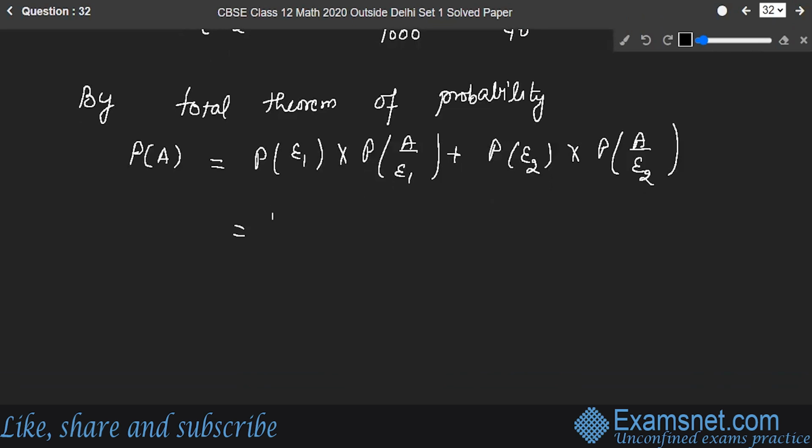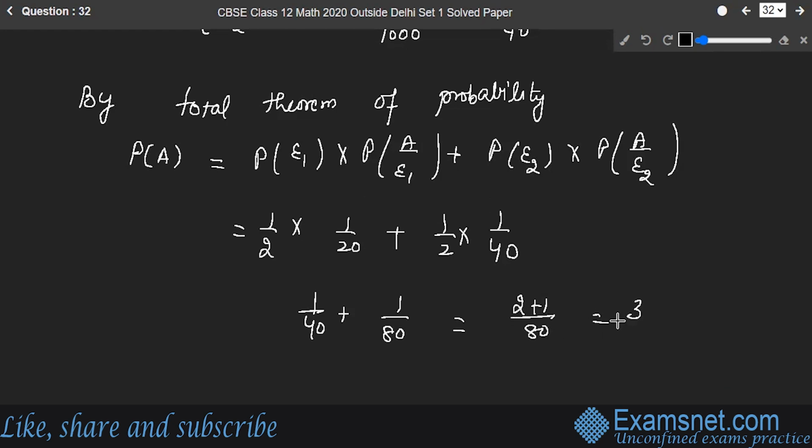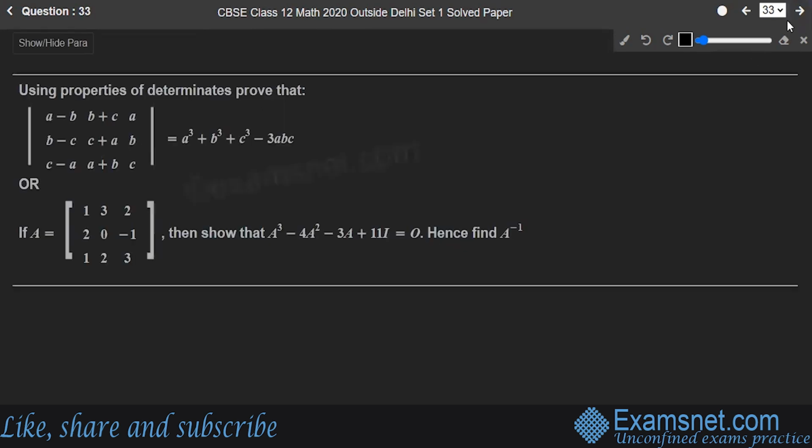This is equal to 1 by 2 into 1 by 20 plus 1 by 2 into 1 by 40, 1 by 80, or this is equal to 3 by 80. So this is the correct answer to the question. Hope you understood that. Let's move to the next question number 33.